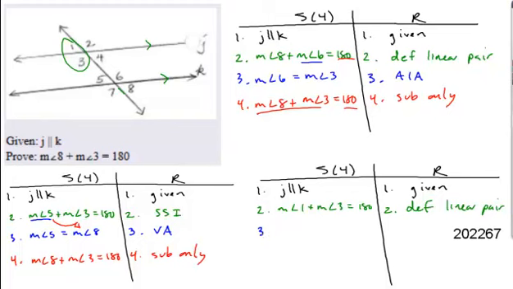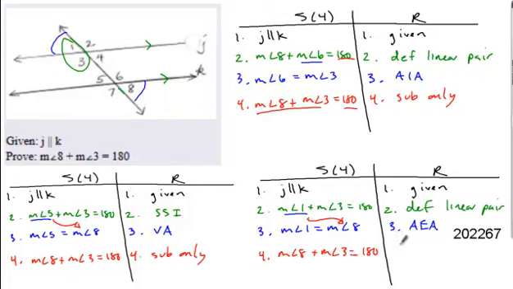Okay, and so all I need to do here to get my final statement is to replace angle 1 with angle 8. Can I replace those two? They are equivalent because of what? Alternate exterior angles. Therefore, I can do that direct replacement. Measure of angle 8 plus measure of angle 3 is equal to 180 by sub only.